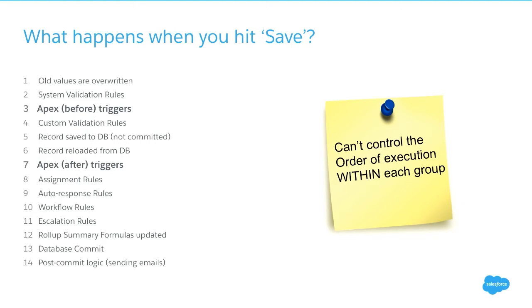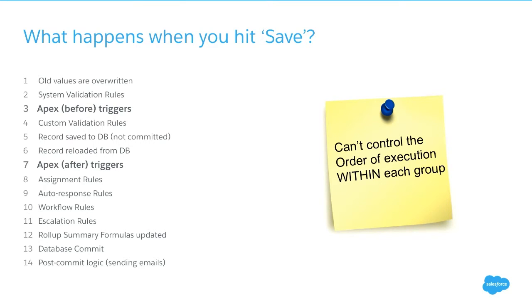Now, something to keep in mind is you can have a bunch of triggers that you write on an object, and you do not control the order of execution of these triggers, meaning if I write triggers for a contact object, and I have 2 before triggers, I cannot depend on trigger A executing before trigger B, okay?